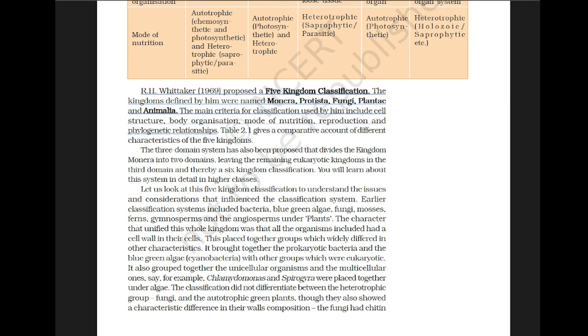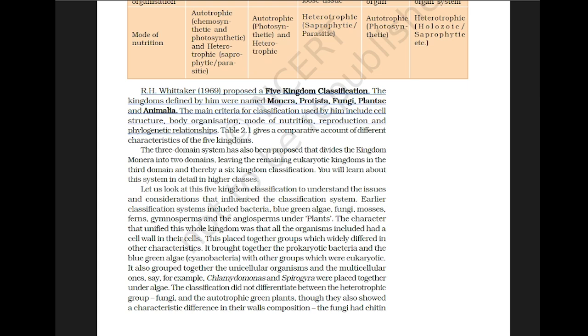First of all, when it comes to kingdom Monera, all prokaryotic organisms are included in kingdom Monera. Monera, from monos, means single. They are microscopic organisms.